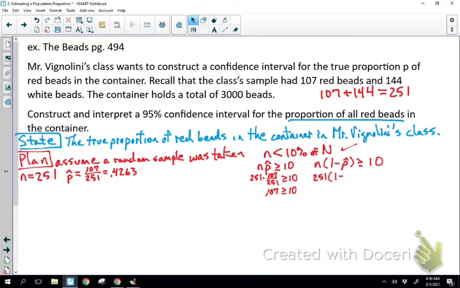So if you were to type all this into your calculator, you should end up with roughly 144. And now we know the sampling distribution is approximately normal.